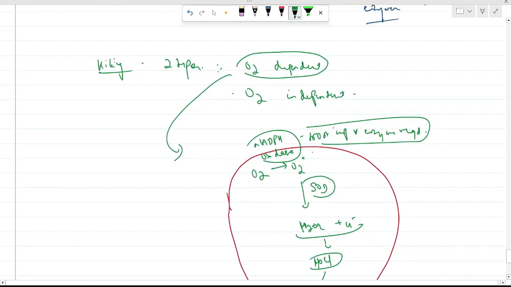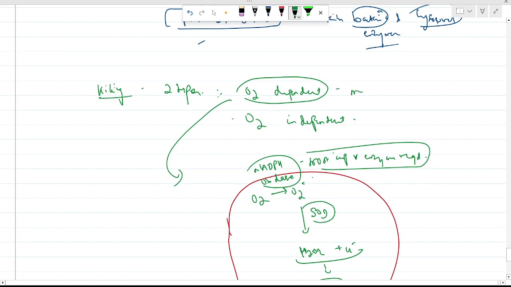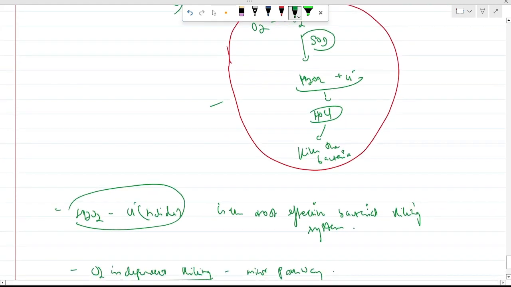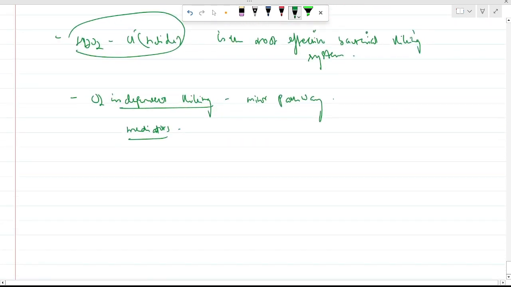The oxygen dependent pathway is the major pathway; the majority of killing is done by it. The mediators in the oxygen independent pathway are lysozyme, another L, lactoferrin, and then major basic proteins.